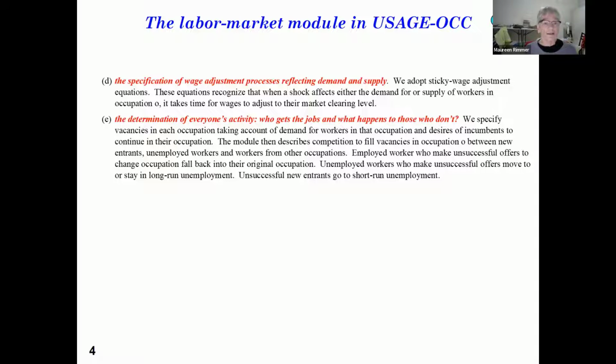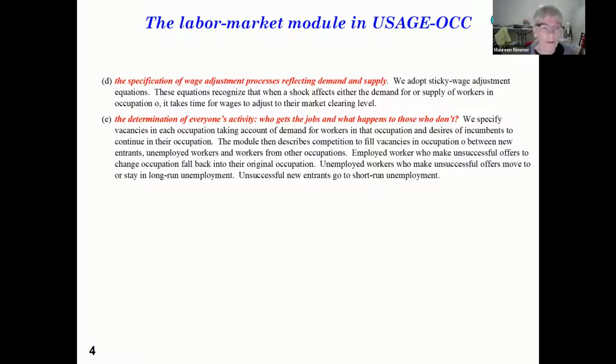The final thing we need to cover in our labour market module is the determination of everyone's activities. Who gets the jobs and what happens to those who don't get jobs? The important thing about who gets the jobs is you need vacancies to get jobs. You can't go from occupation O to occupation M if there's no vacancies.